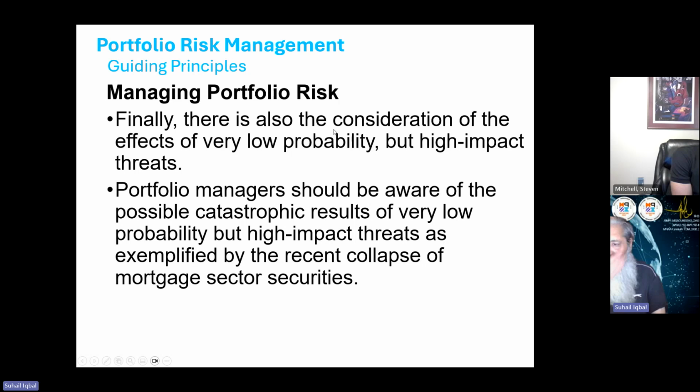Finally, there is also the consideration of the effects of very low probability but high impact threats. Now, this is interesting. You would know this from your earlier knowledge about project management. Yes, there are risks which are very low probability and very high impact.